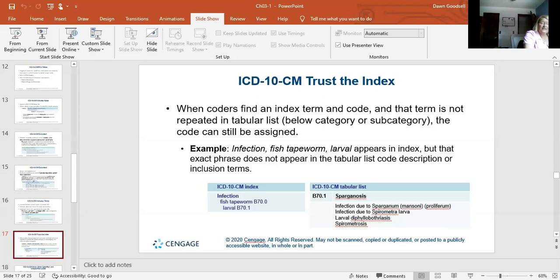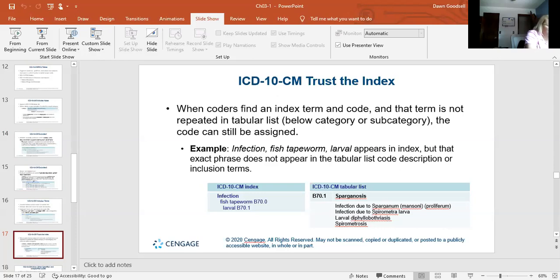Now, if they didn't tell you in your documentation, then you can't code for that, but it's telling you that you need to code it first. The other options are streptococcal sepsis during labor, following abortion or ectopic or molar pregnancy, following immunization, and following infusion, transfusion, or therapeutic injection. Those are your options to code first. You would code those first, and then code the A40 second.